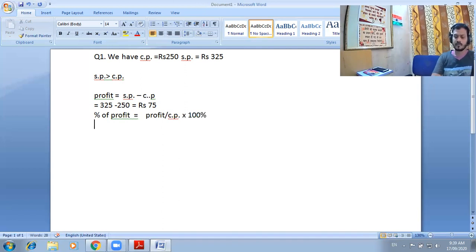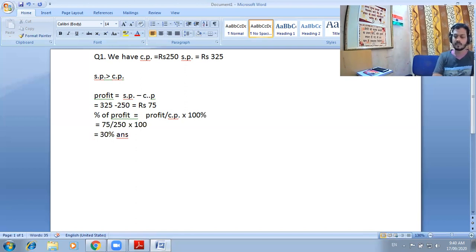After putting the values, profit equal to 75 and CP equal to 250, into 100, and after simplification that becomes 30 percent. That is the answer for the first one.